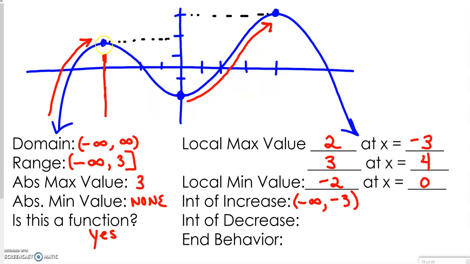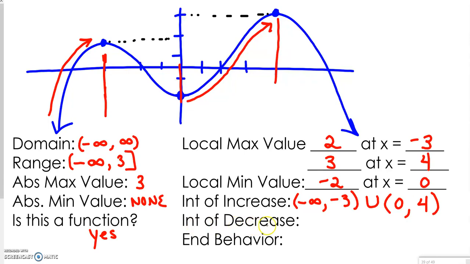That maximum point, it's not increasing or decreasing, so we're not including it. That's why we have parentheses. And I'm going to put a union symbol because I know I have another area where it's increasing. And that increases from when x is 0. And it's increasing until x is at 4.